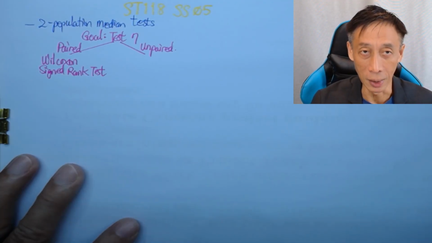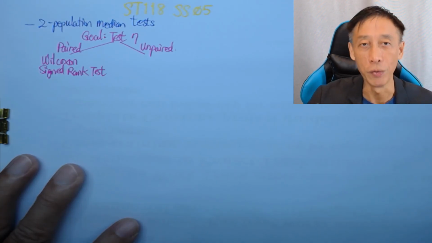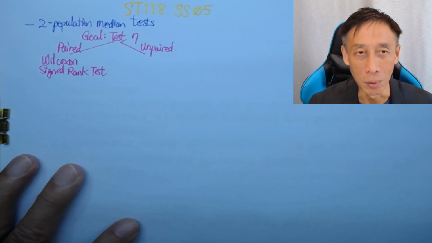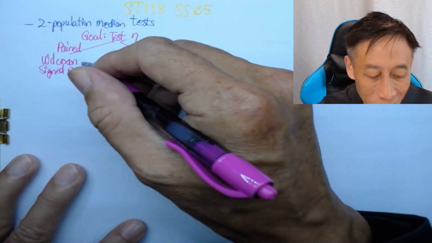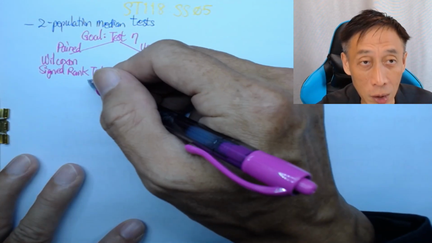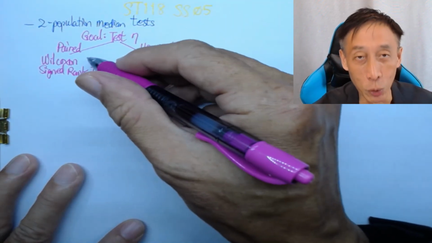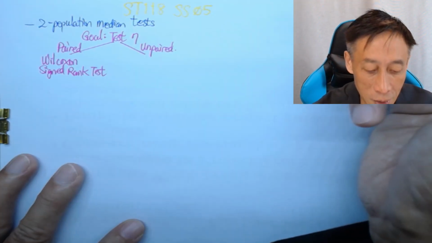So for a one population test, it is as if it is a two population paired test with the second population set to zero. Mathematically, it will be entirely the same. So it is no surprise that we are using the Wilcoxon signed rank test again for the paired test, except this time around, we don't set it to zero. We really have sampled values for the second population.